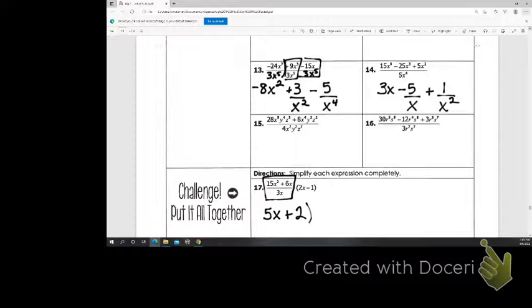But that is a grouping symbol, so it's basically like it's in parentheses, and that entire thing now needs to be multiplied by 2x minus 1. So that goes back to our multiplying with distributing. So 5x times 2x, 10x squared, 5x times negative 1, negative 5x, 2 times 2x, 4x, and 2 times negative 1.